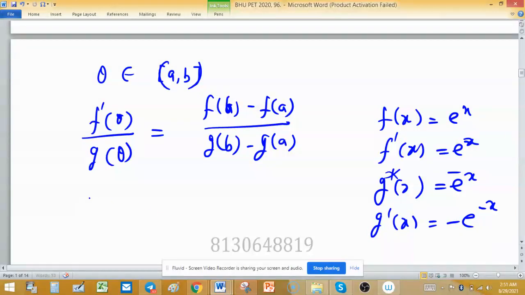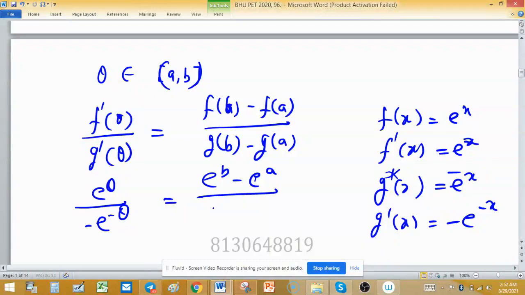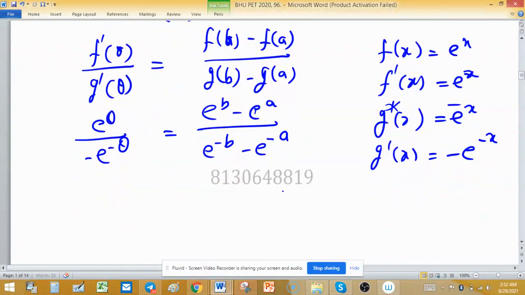Use this one. So f dash theta will be e raised to the power theta, and g dash theta will be minus e raised to the power minus theta, equal to e raised to the power b minus e raised to the power a upon e raised to the power minus b minus e raised to the power minus a. We are going to simplify only the right hand side.